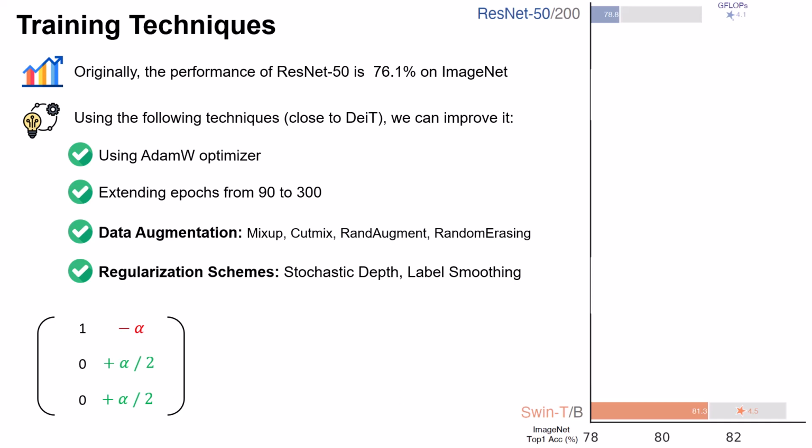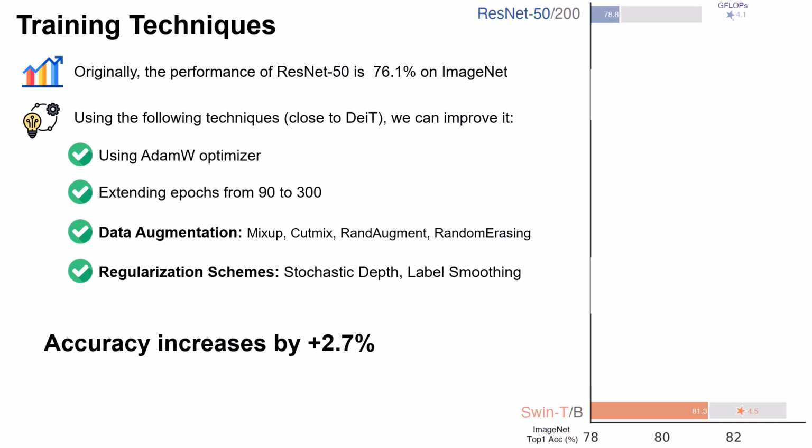And by having this operation, since our vector isn't 1, 0, 0, it wouldn't force our model to have a positive infinity for the class and negative infinity for the other classes. And that's kind of a regularization that we can add. But anyway, having all these 4 modifications, we can increase the accuracy by 2.7%. And yeah, those are the training techniques.